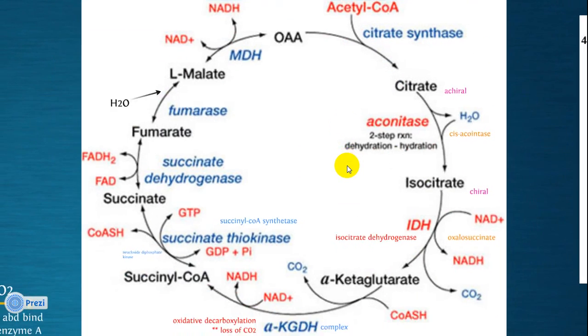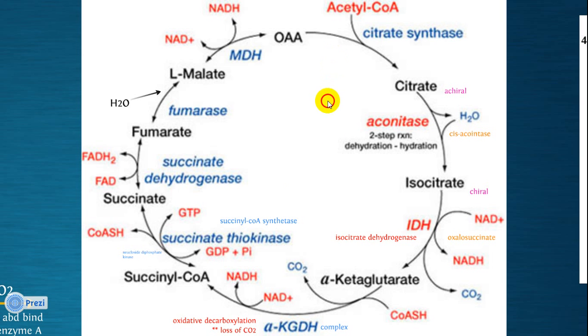This cycle is 8 reactions, 4 of them oxidative. By oxidation we mean that we take a proton from some compounds in this cycle and give it to a transporter. The purpose of this cycle is to produce as many transporters as we can, because transporters like NADH and FADH2 carry those protons and electrons to the electron transport chain to produce ATP.